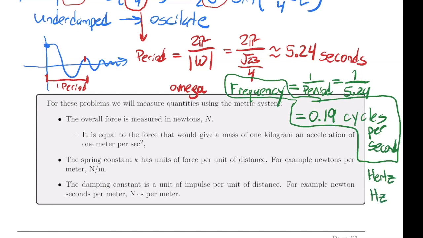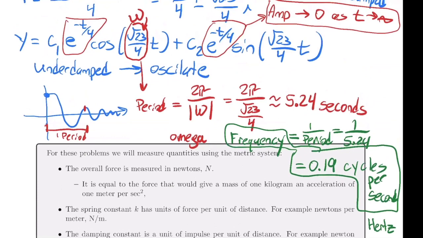Let me just say that has a unit which is often called hertz, cycles per second. So if you were reading the book and you've seen different terms like omega and period and frequency, these are all related to each other, but they're describing how fast this thing is bobbing back and forth in slightly different terms.